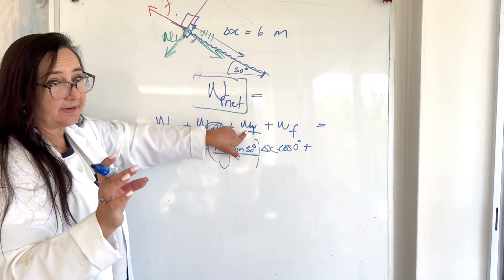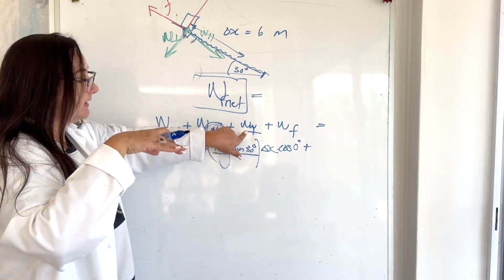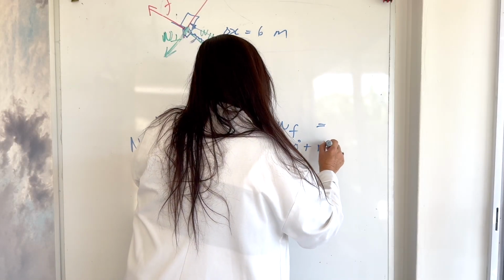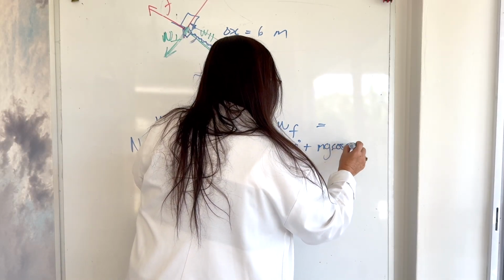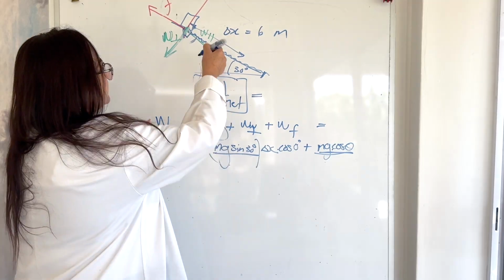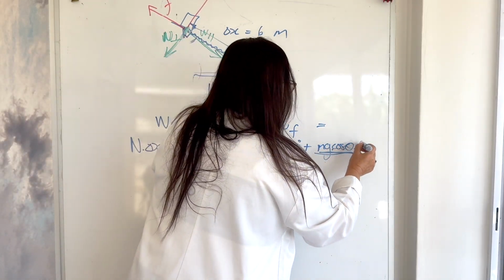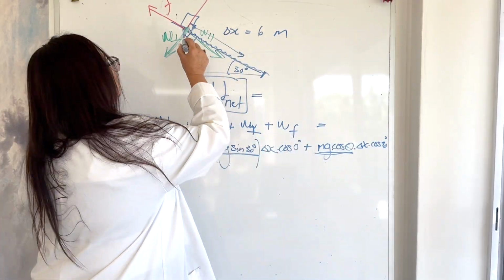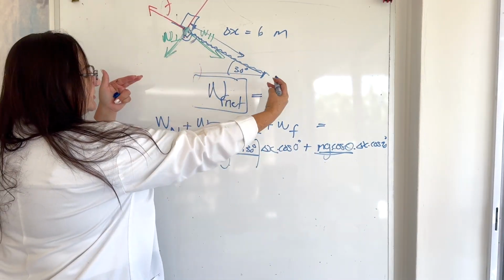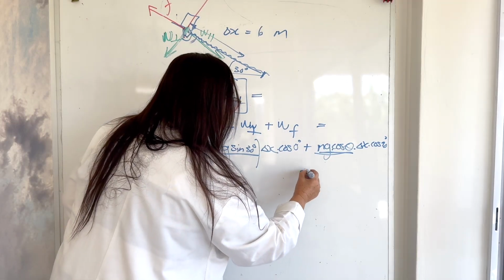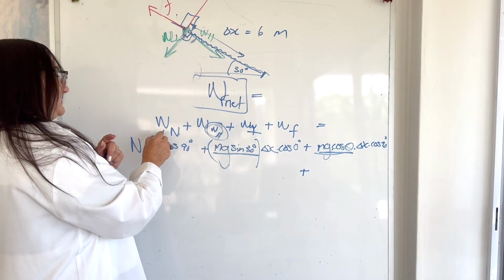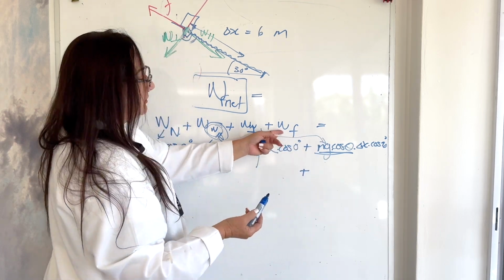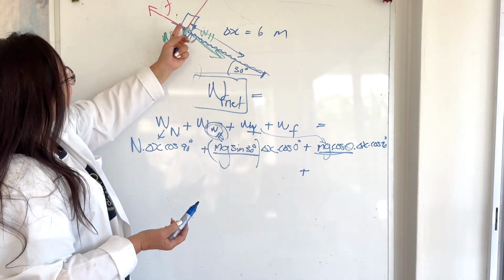What is the work done by the weight perpendicular to the surface? That's going to be my mg cos theta, which is my weight perpendicular, times delta x times cos 90 degrees, because it operates at 90 degrees to the displacement, plus. So that is that one, that one, that one, and now I'm going to get to the friction force.